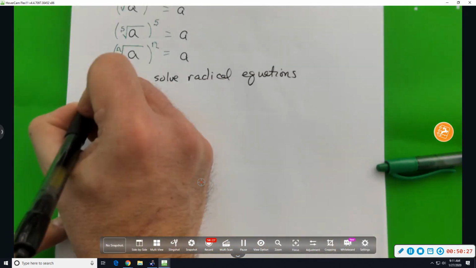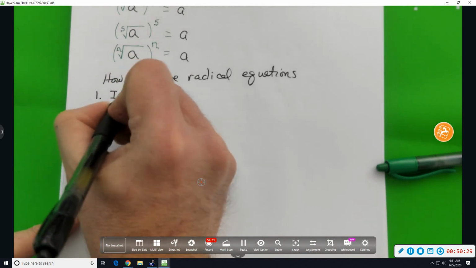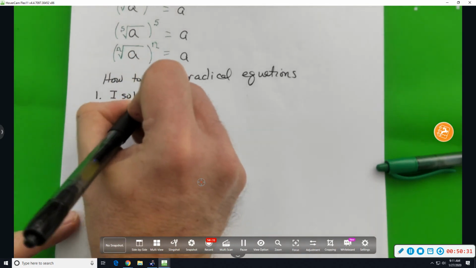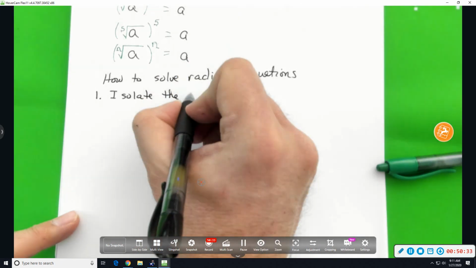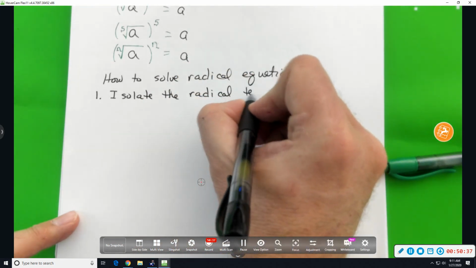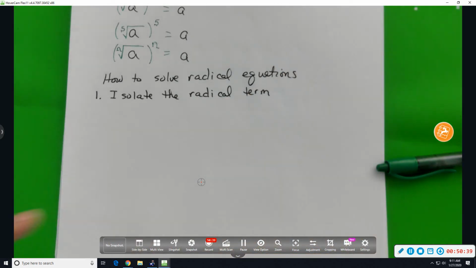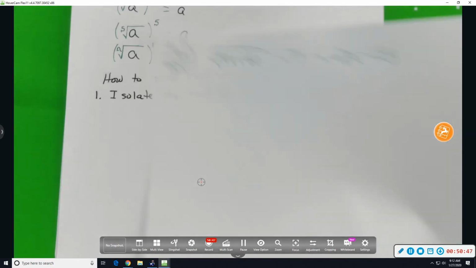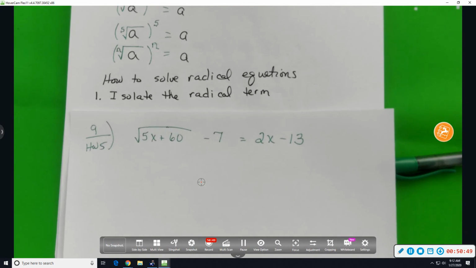The first thing you're going to have to do is isolate the radical term. If there's two square roots or cube roots, put one on each side. Okay? If there's only one of them, you've got to isolate the radical term.